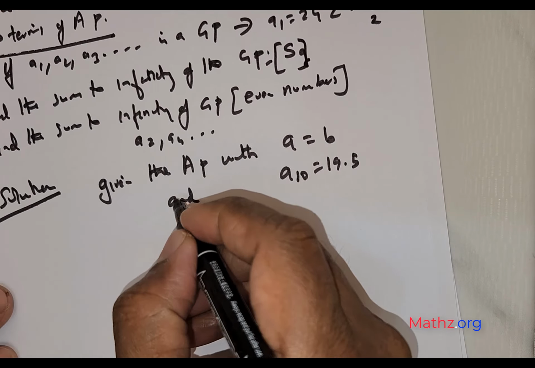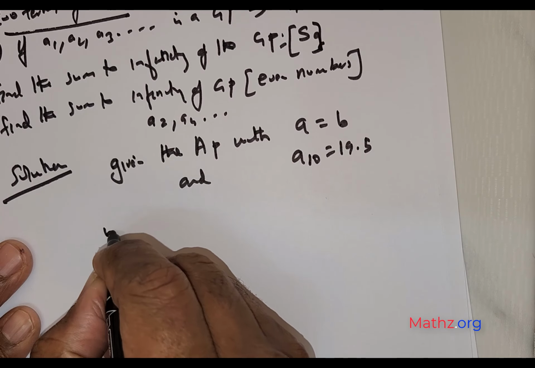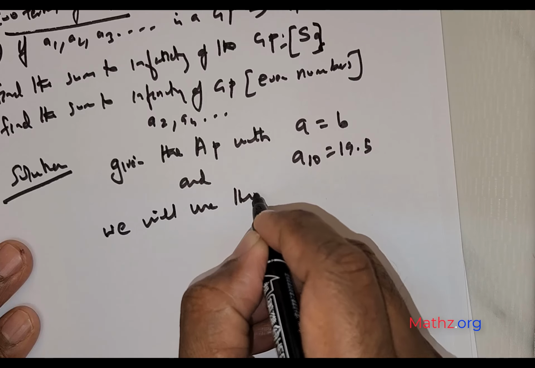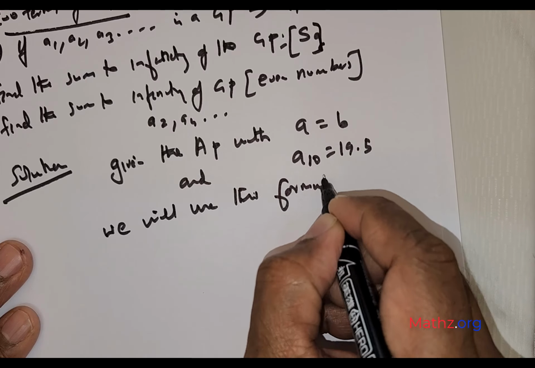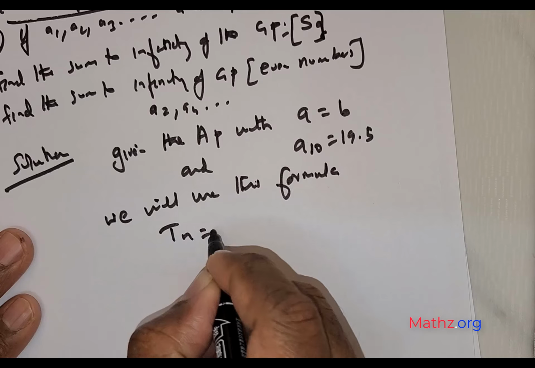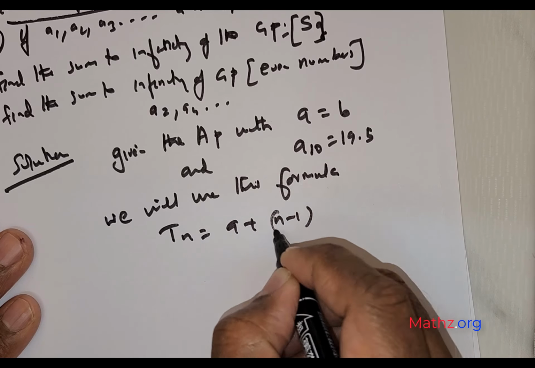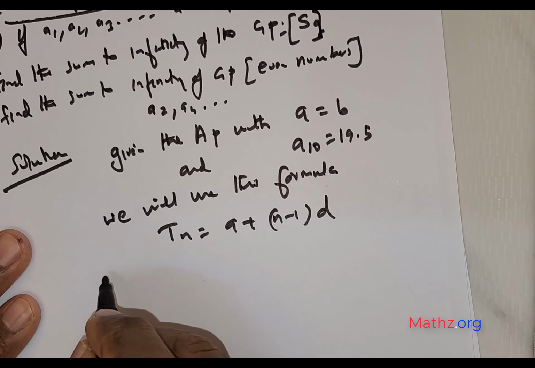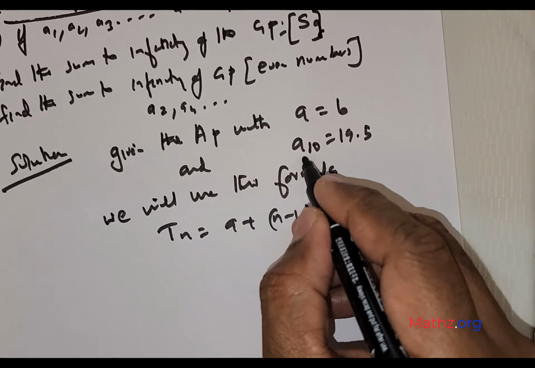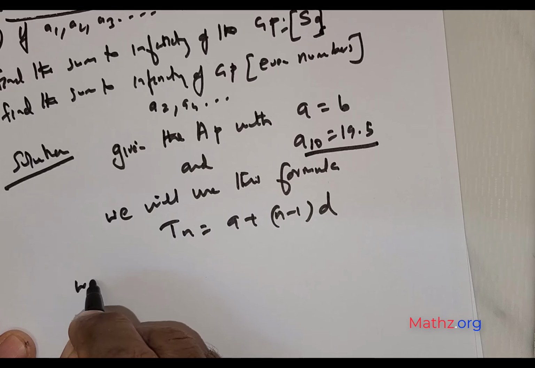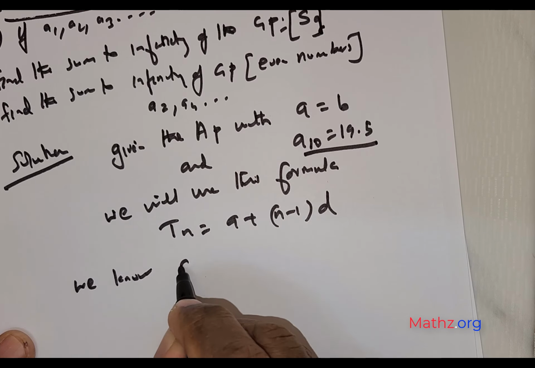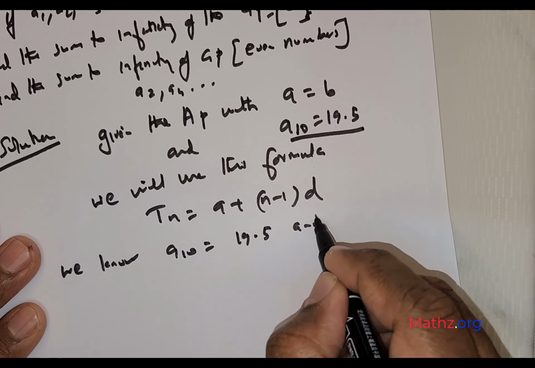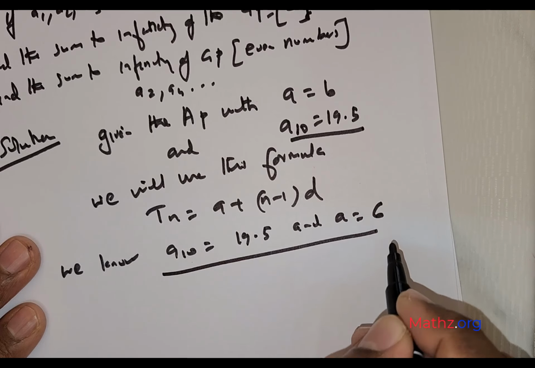Now, we will use this formula: Tn is equal to a plus n minus 1 into d. We don't know the 100th term, but we know the 10th term. So A10 is equal to 19.5 and a is equal to 6.